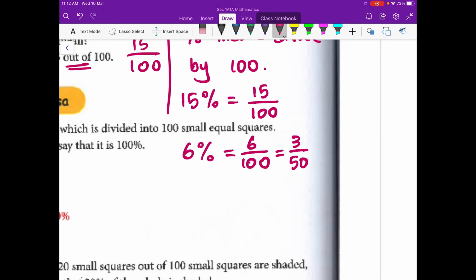So instead of writing 6 over 100 or 3 over 50, can I write it as a decimal? 0.06. Okay. In the same way, our 15 over 100 we can simplify, right? To become 3 over 20, which is the same as 15%, 0.15.